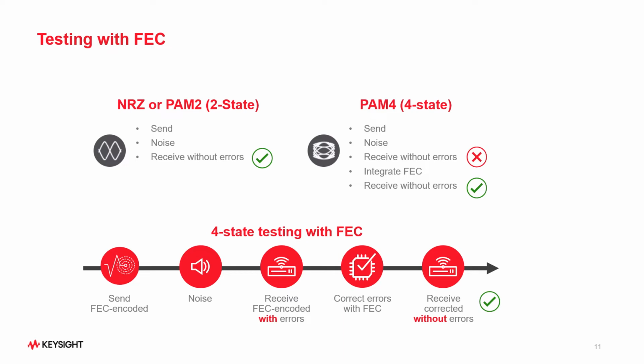Transmitted signals using NRZ modulation are received without significant errors. With PAM or pulse amplitude modulation, or specifically PAM4, it uses 4 amplitude levels to represent a symbol and effectively doubles the data rate or throughput in the same bandwidth as NRZ.